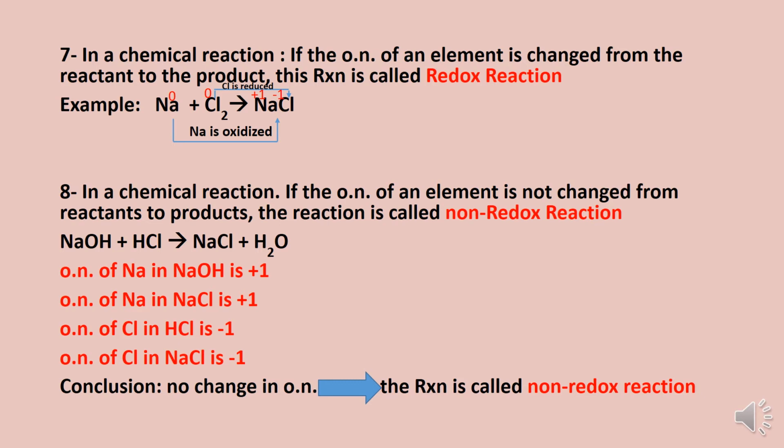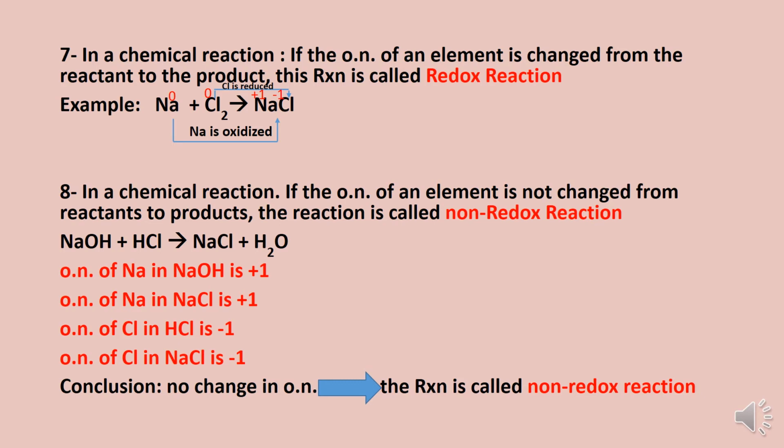Let's observe here the Na changes to Na in the compound NaCl. So Na here is oxidized. Observe the oxidation number of Na is 0, it becomes +1. So the oxidation number here increases. So Na is oxidized, it undergoes oxidation.